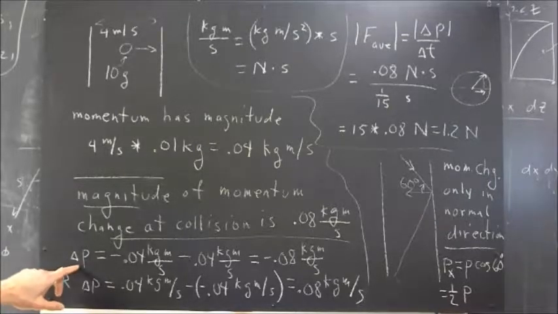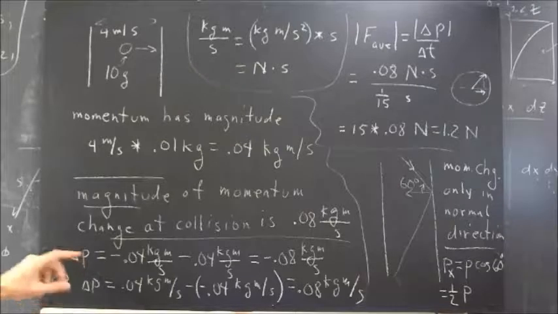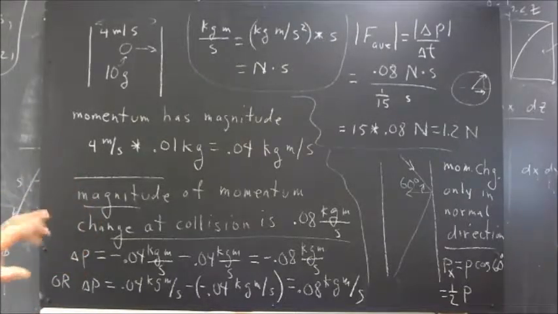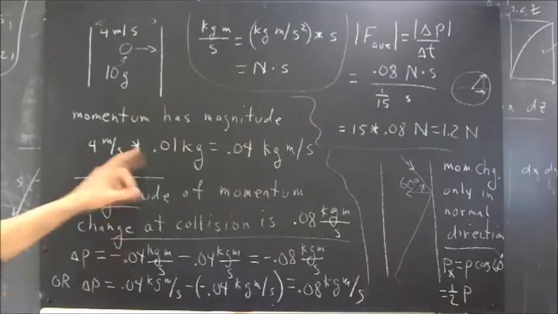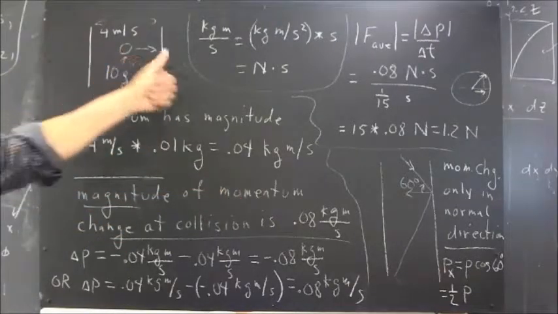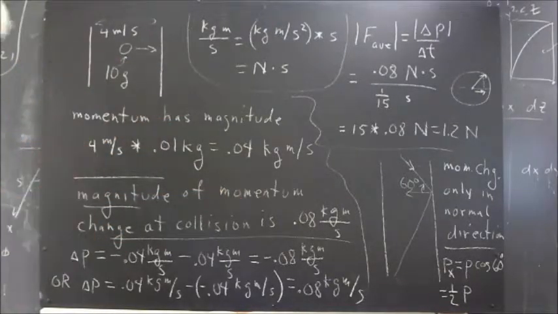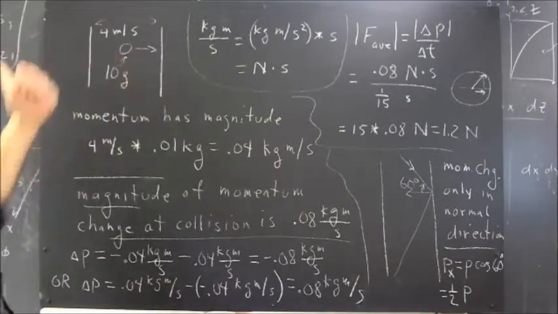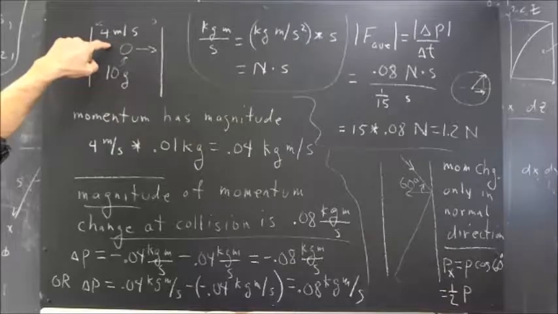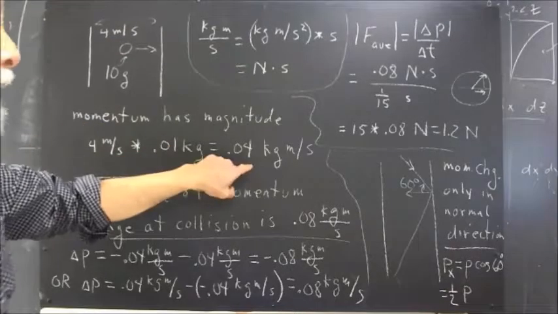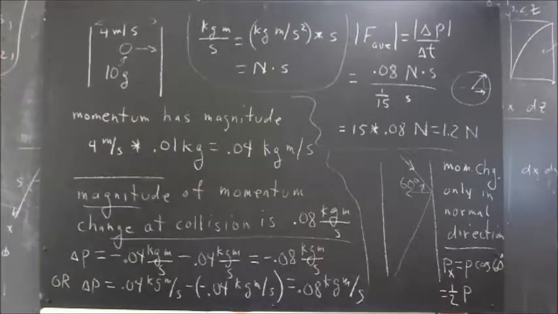The change in momentum is what? Well, now we're talking about the change in momentum, not the change in the magnitude of the momentum. The magnitude of the momentum doesn't change on collision. Again, we're assuming an ideal perfectly elastic collision. So before the collision and after the collision, your speed is 4 meters per second and the magnitude of your momentum is 0.04 kilogram meters per second.